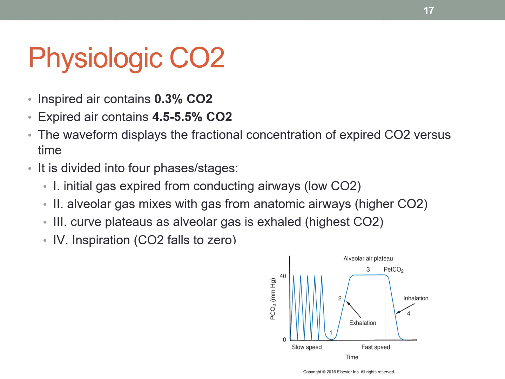At the end you see that PET, the pressure of your end tidal, the end of your exhalation, and that's where you get that number from. Your end tidal is at the end of that plateau. Then your inspiration is phase 4, as you fall back down to 0.